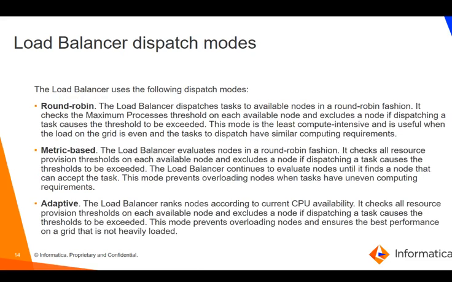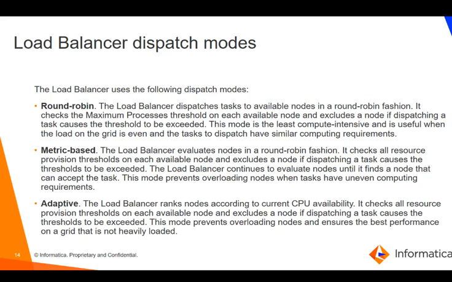Round robin is plain round robin fashion, which means it checks the maximum process threshold on each available node and excludes a node if dispatching a task causes the threshold to be exceeded. Of course you have a maximum process threshold for each of the machines, and for all the nodes which are capable of executing more tasks, the load balancer will keep them in a row and keep dispatching tasks in round robin fashion.